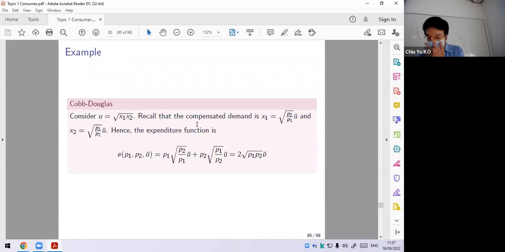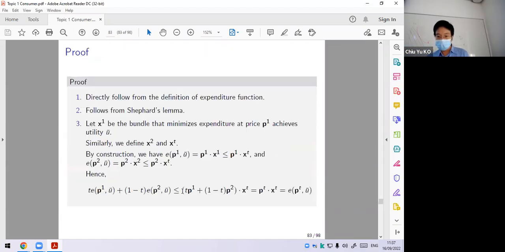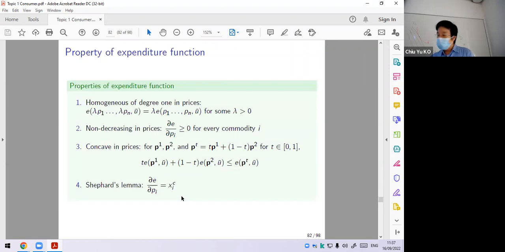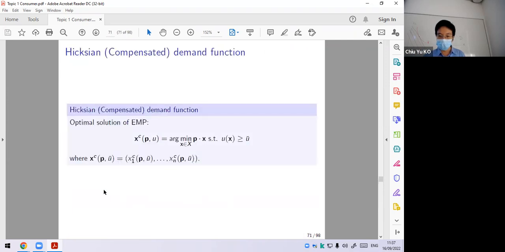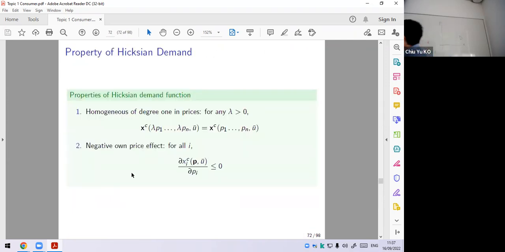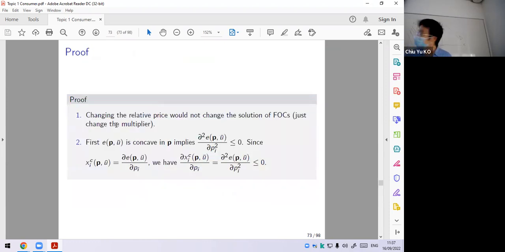So I guess we know this is concave in price, and taking the first derivative gives this one. So we go back to the thing we missed before the break. We say this is negative. The reason why this is true is that concavity in price implies the second derivative is negative.